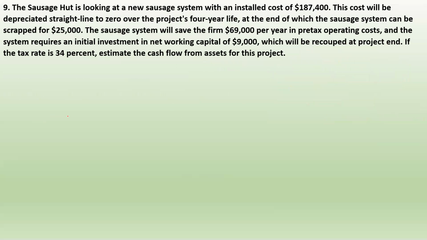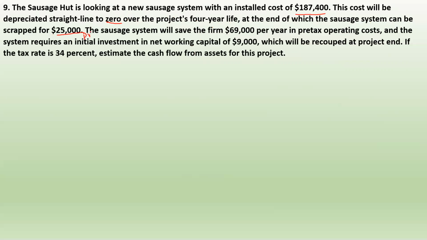Question 9. The Sausage Hut is looking at a new sausage system with an installed cost of, this is the cost, and this cost will depreciate straight line to 0. So remember the last year book value is 0 over the project's 4-year life, at the end of which the sausage system can be scrapped for 25,000.